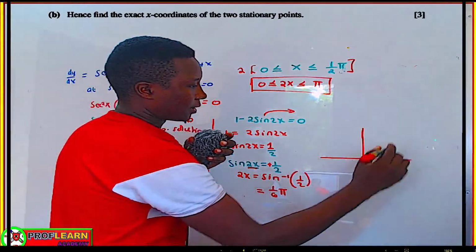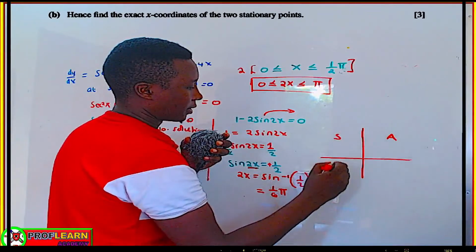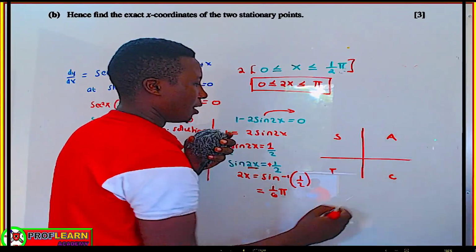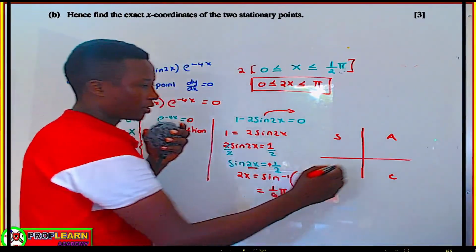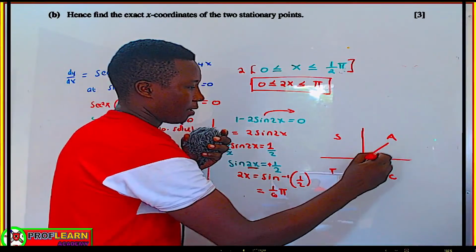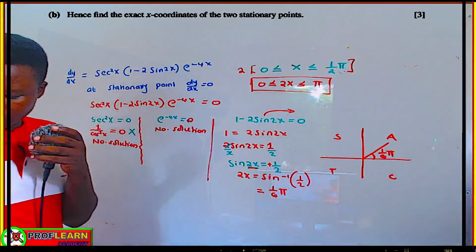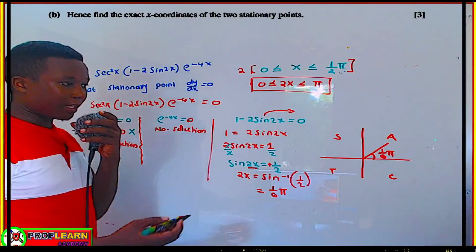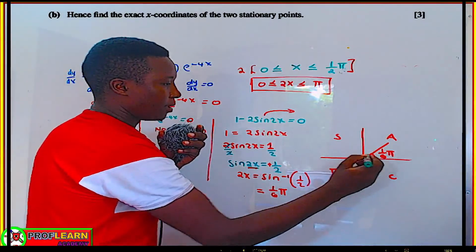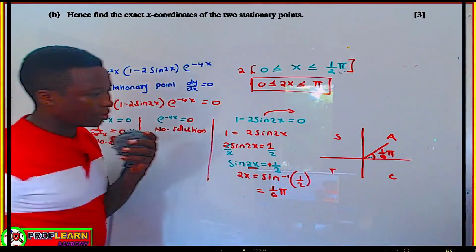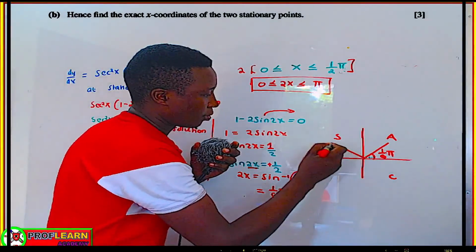So it will mean that all students trust Cambridge, but our angle that we have gotten is 1 over 6 pi. Then at which quadrant do we have sine being positive again? That is also the second quadrant. So we can find that angle in the second quadrant.